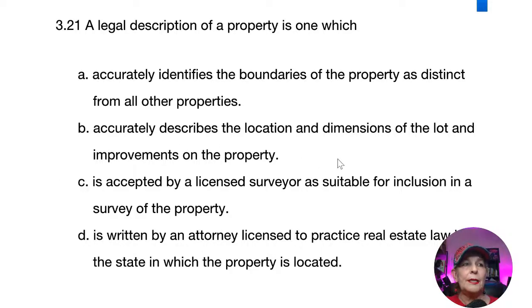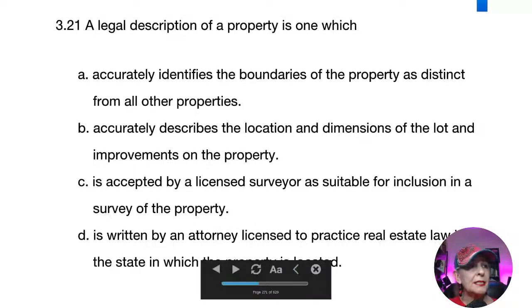B, accurately describes the location and dimensions of the lot and improvements on the property. C, is accepted by a licensed surveyor as suitable for inclusion in a survey of the property. Or D, is written by an attorney licensed to practice real estate law.